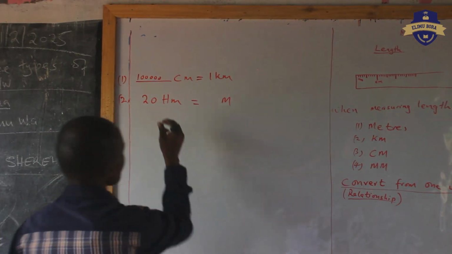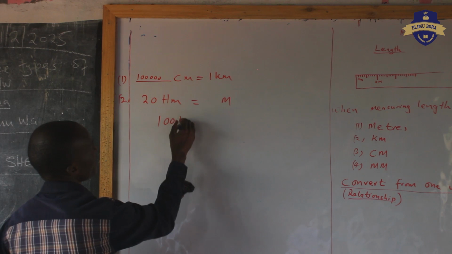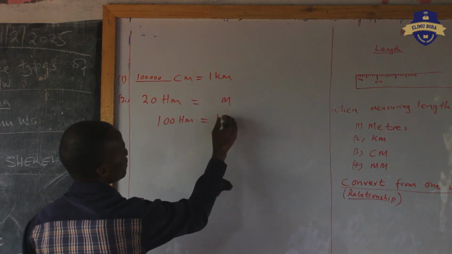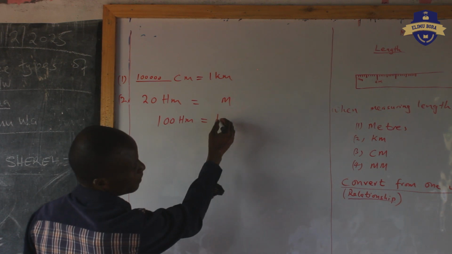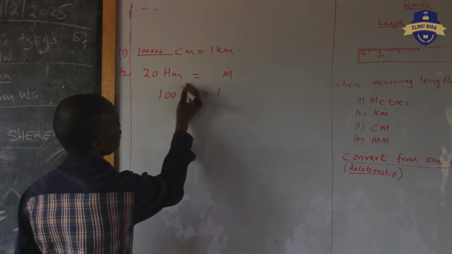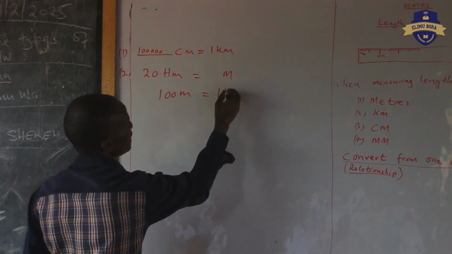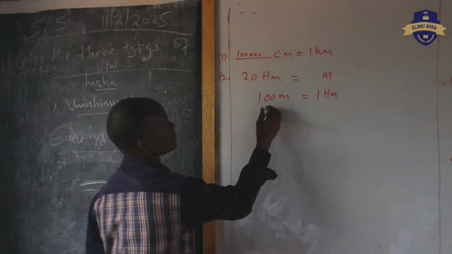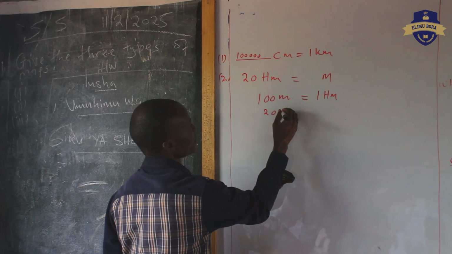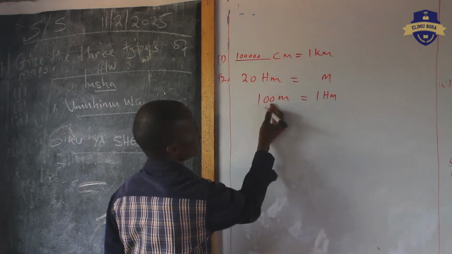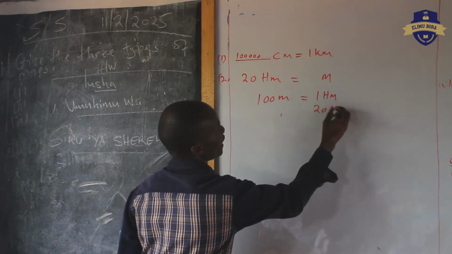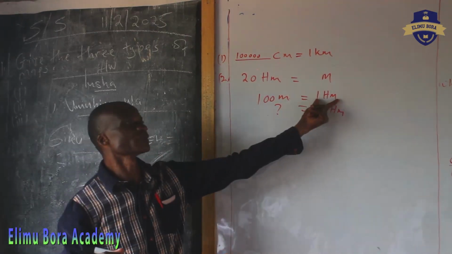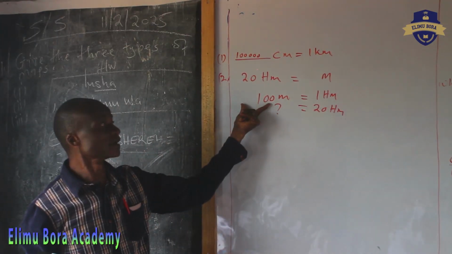100. So we shall say 100 hectometer is going to give us what? Oh, not 100. 100 what? Meters is going to give us 1 hectometer. What about 20 hectometer? Like that. So 1 hectometer is what? 100 meters.